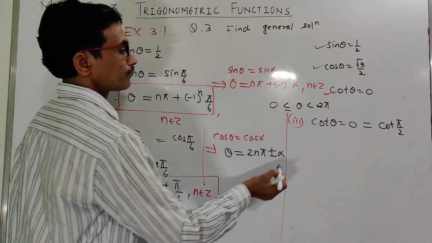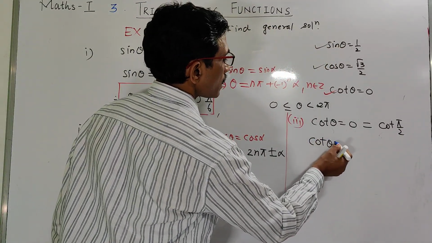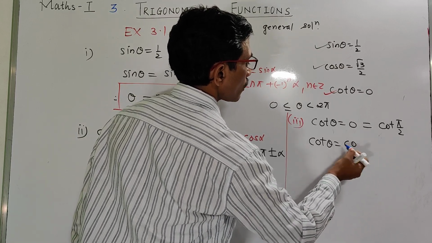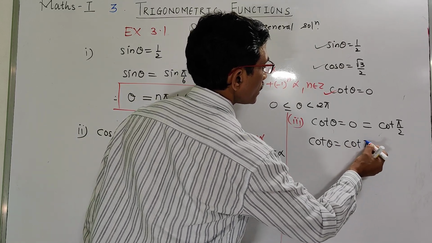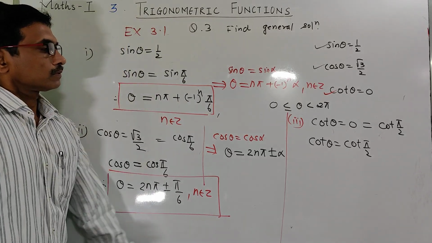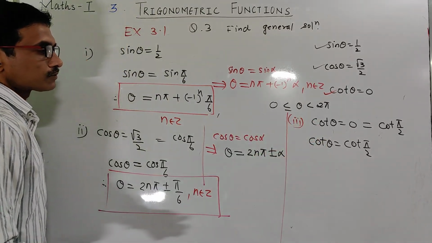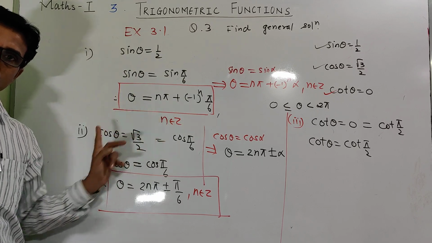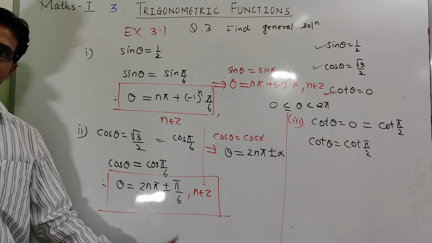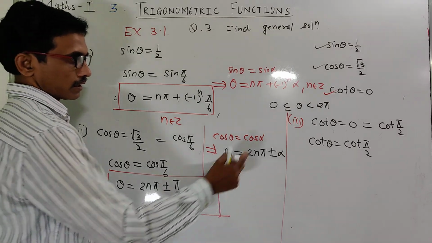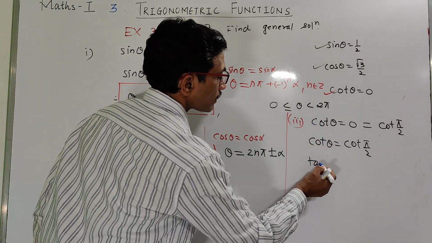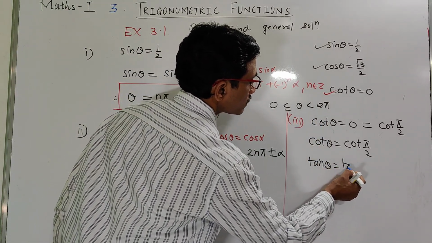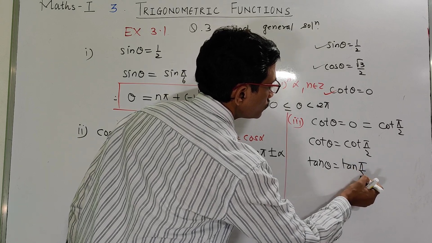So thus we have cot theta is equal to 0, that means cot theta is equal to cot of pi by 2. Taking the reciprocal of this, because we know sin theta is equal to sin alpha, cos theta is equal to cos alpha, and tan theta is equal to tan alpha, we derived these three. So take reciprocals: tan theta is equal to tan of pi by 2.